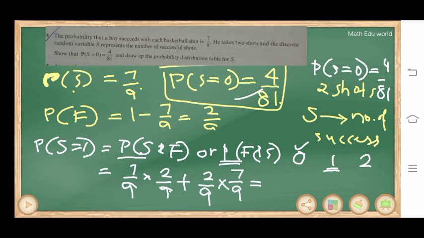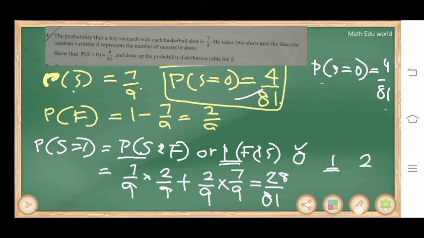Do this calculation, we get the answer as 28 divided by 81. So P of S equal to 1 is 28 divided by 81.